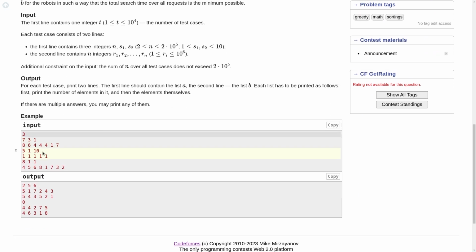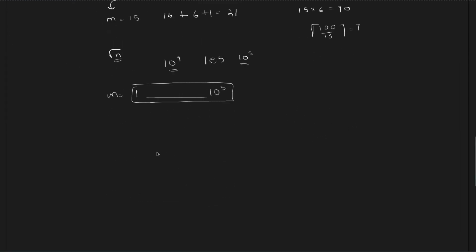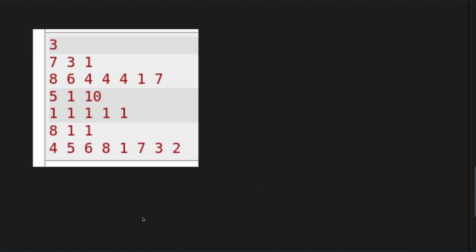So this particular problem says that these are some tasks, or let's say these are some values that we need to find, right? So let me explain with the diagram. If this is the sample test case, initially we have some tasks like 1, 2, 3, 4, 5, 6, 7.